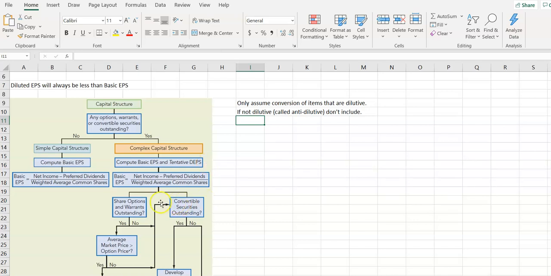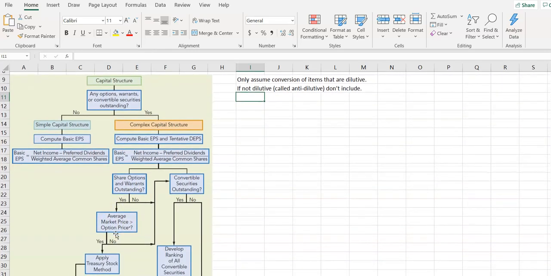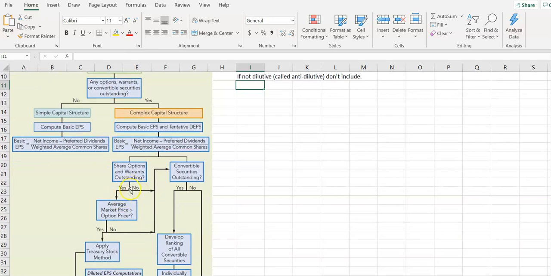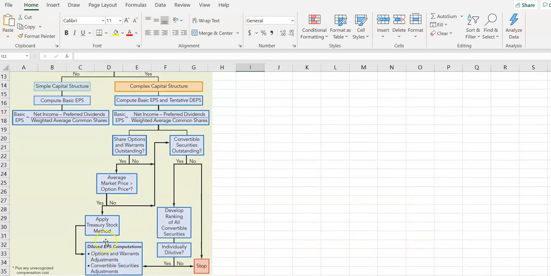All right, so if you have share options and warrants outstanding, is the average market price greater than the option price? If no, then you don't worry about it. But if yes, then you convert it and apply the Treasury stock method, which we'll talk about, into your diluted earnings per share. If not, then you see, do you have convertible securities outstanding?